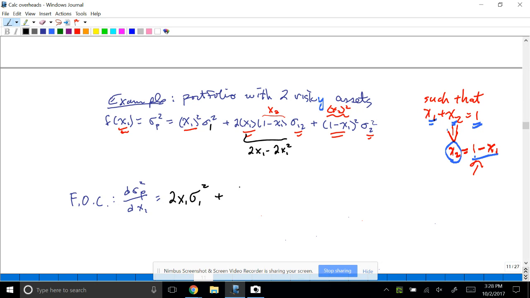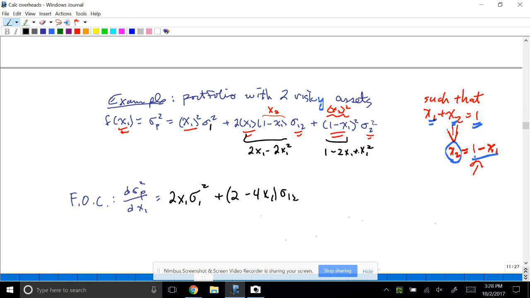So we can write this as, say, 2 minus 4x1 times the covariance of 1 and 2. And then over here, how can we write this? 1 minus 2x1 plus x1 squared.